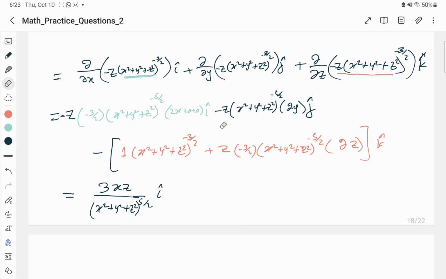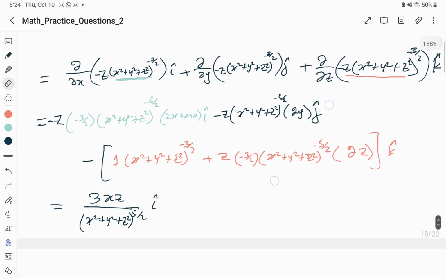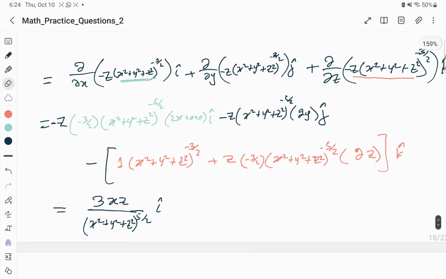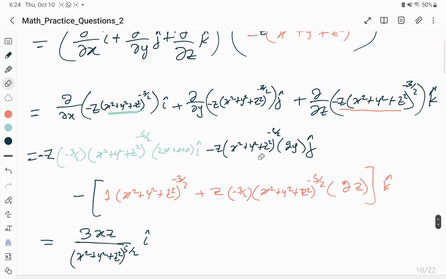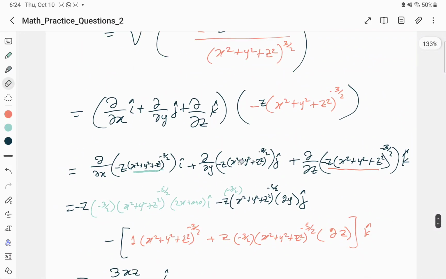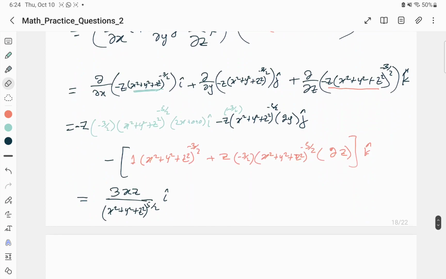Likewise here we have, yes, I missed one expression over here when I was taking the derivative of the second expression with respect to y. It should be negative 3 by 2 over here as well, because that power will come in the start.